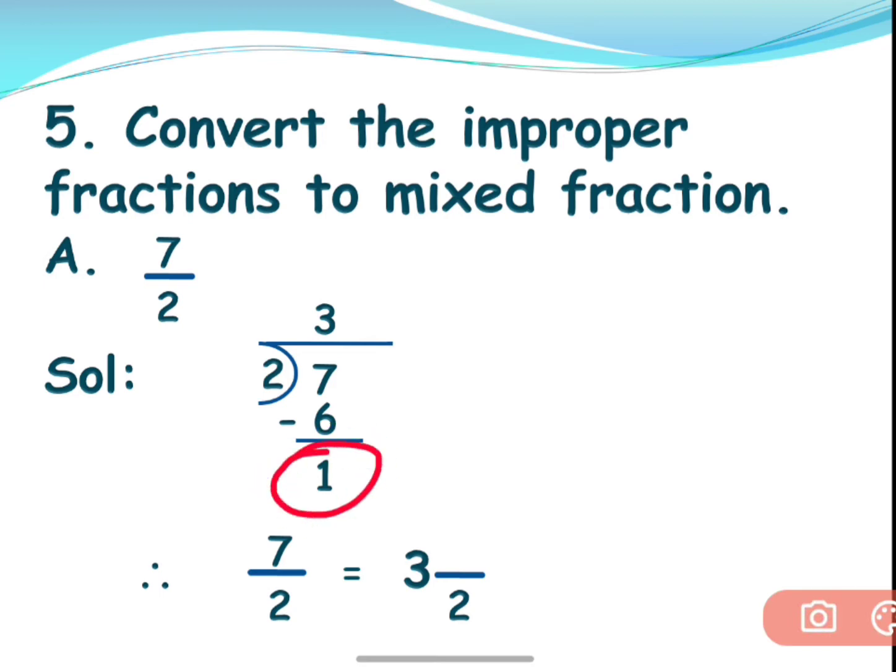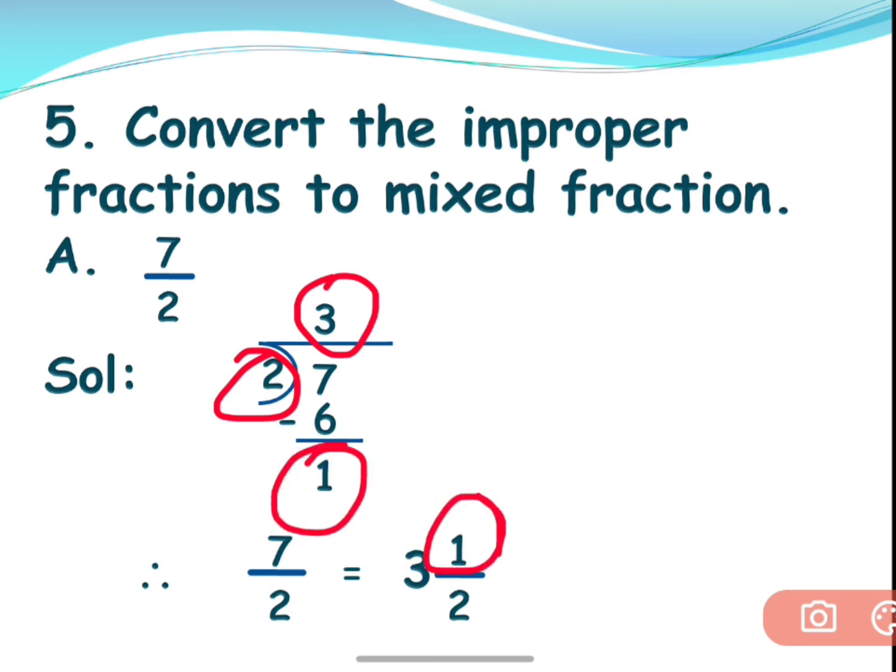The remainder will become your numerator, the divisor becomes your denominator, and the quotient becomes your whole number. Okay children, understood? Let me tell you once again. The quotient becomes your whole number, the divisor becomes your denominator, and the remainder becomes your numerator.